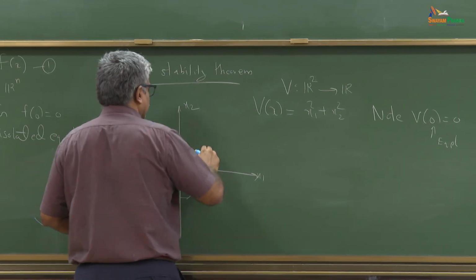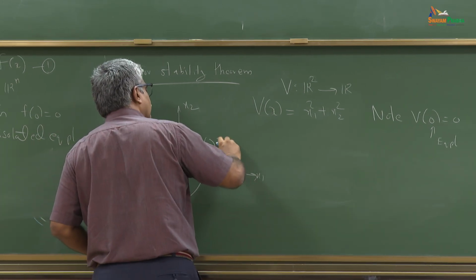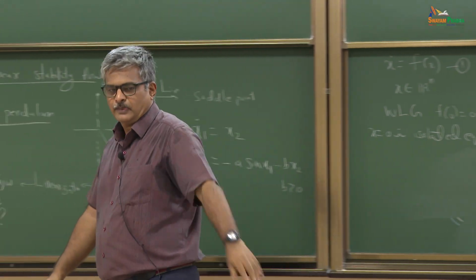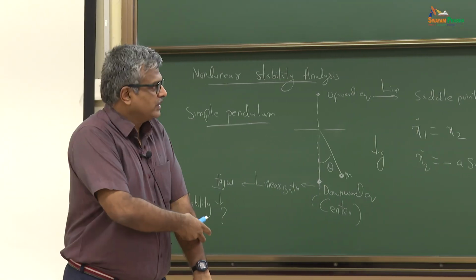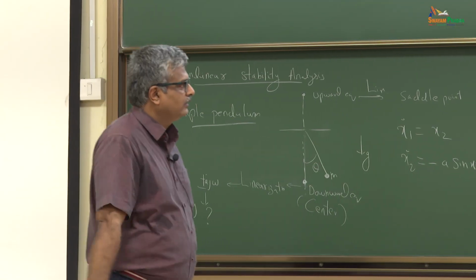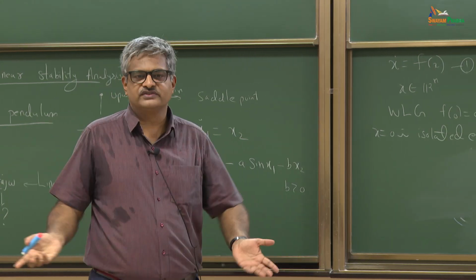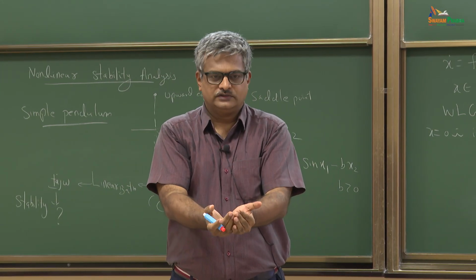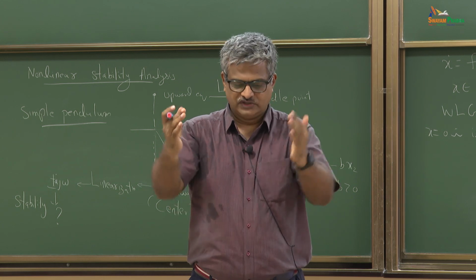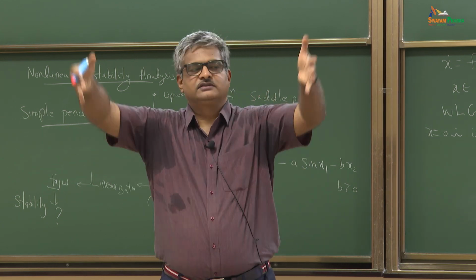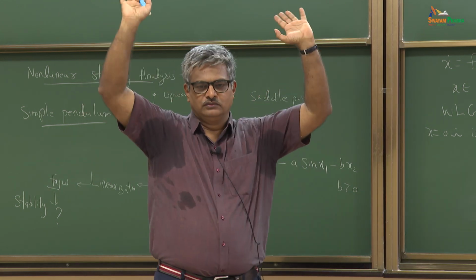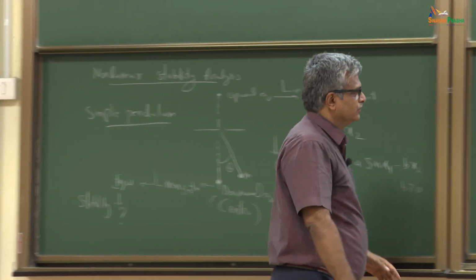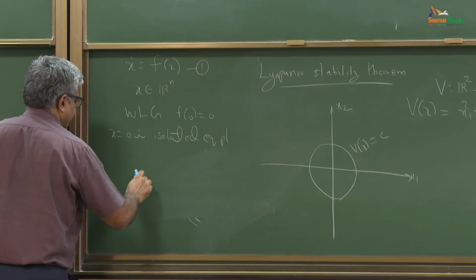So this corresponds to V of x equal to some c, some number, some level sets. If you visualize this function on x1, x2, how does this look? Looks like some bowl, which tapers at the origin, and then it just extends all the way to infinity.